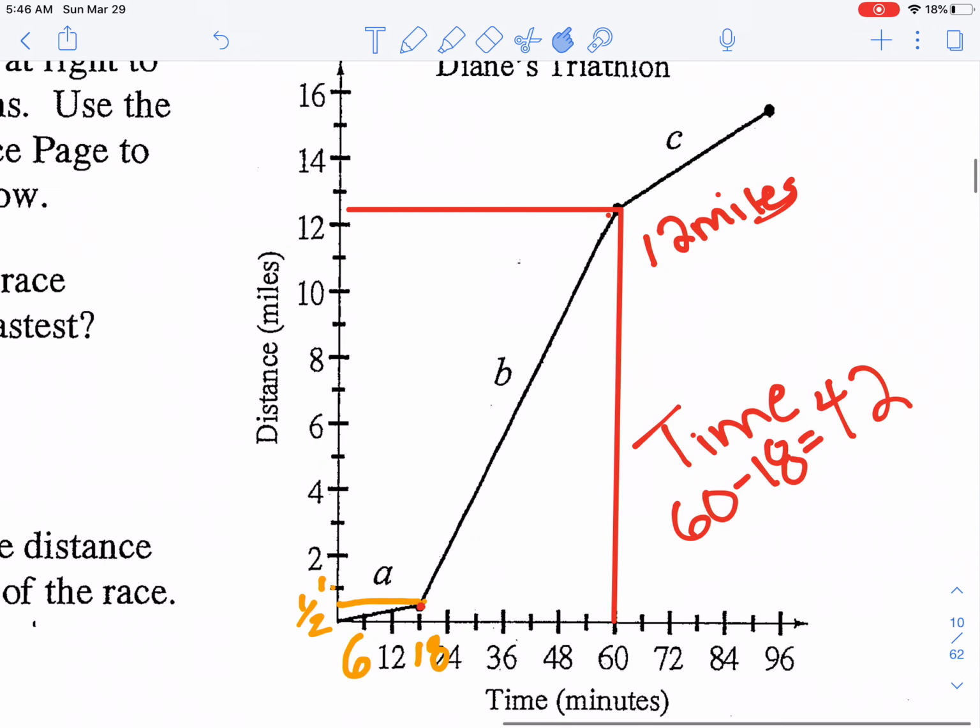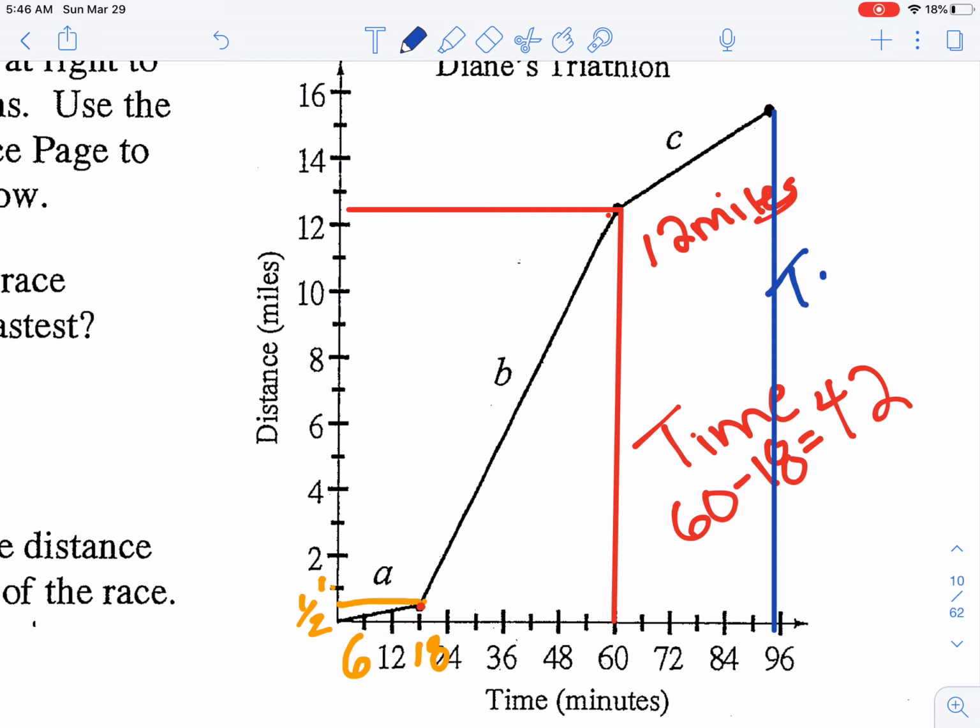Now let's look at section C. I'm just going to choose a different color, blue. Remember, section C started at 60 minutes. It looks like it goes to 96. So the time here was 96 minus 60, which is 36.